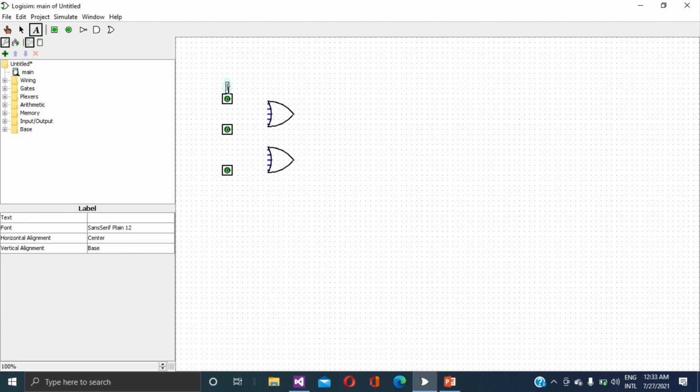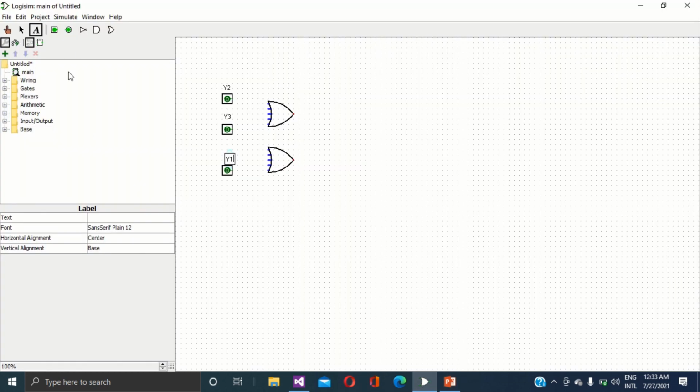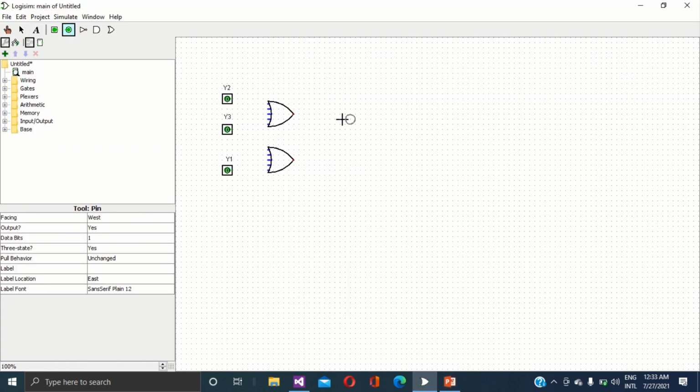I am going to initialize these inputs. This input is y2, this y3, this y1, and here see I get 2 outputs.